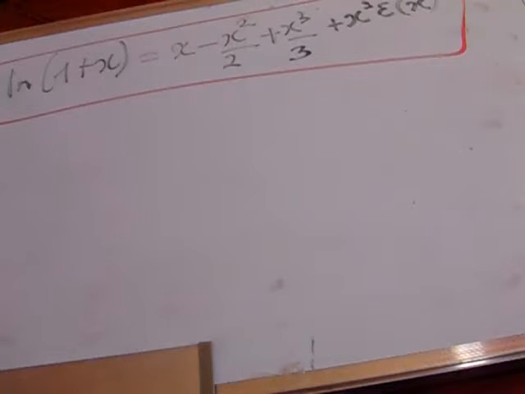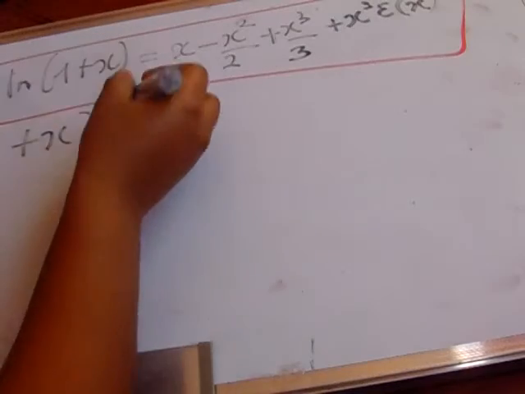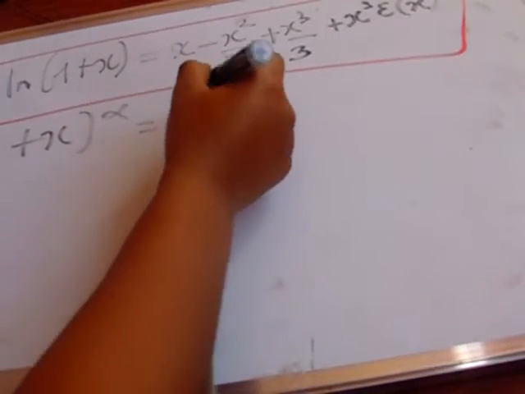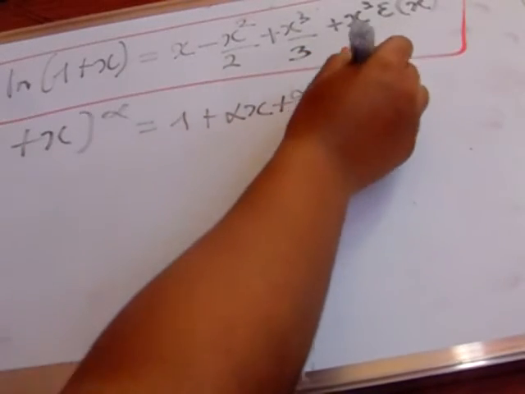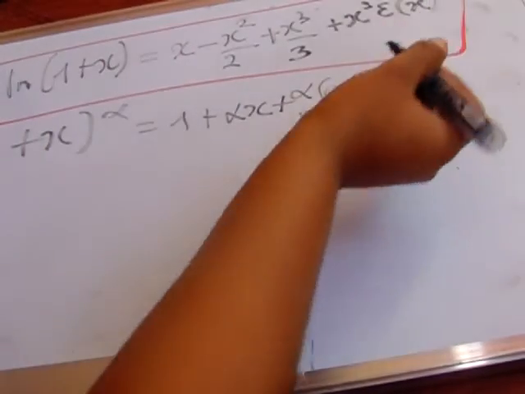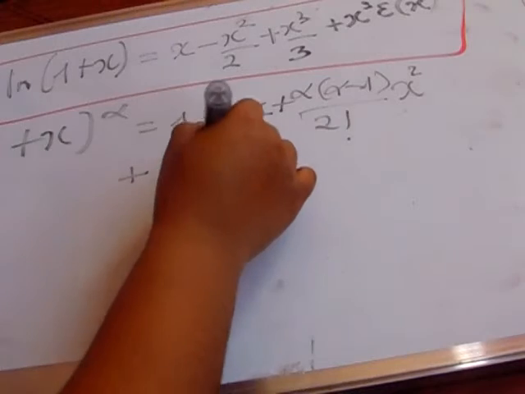Pretty straightforward. So the next is the one I was talking about, which we already calculated in our last video: 1 plus alpha x plus alpha times alpha minus 1 over 2 factorial x squared, plus little o of x squared.